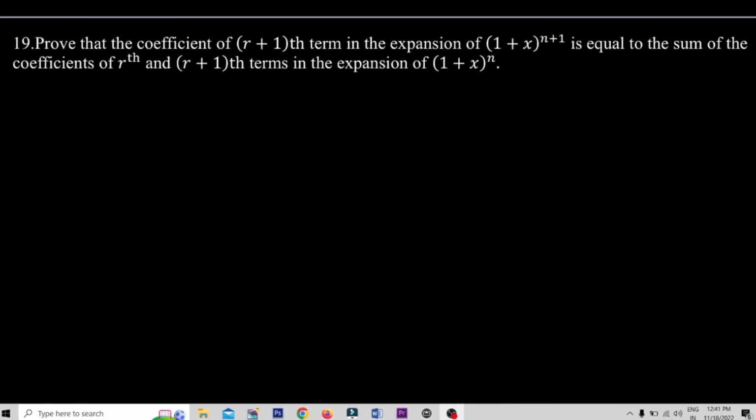Next sum, prove that the coefficient of the (r plus 1)th term in the expansion of (1 plus x) to the power n plus 1 is equal to the sum of the coefficients of the rth term and (r plus 1)th term in the expansion. So in this case, we can write the coefficient of the (r plus 1)th term as (n plus 1)Cr, and the sum of the coefficients of the rth term and (r plus 1)th term is nC(r minus 1) plus nCr.